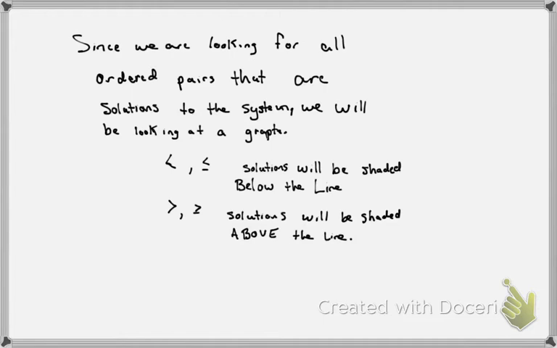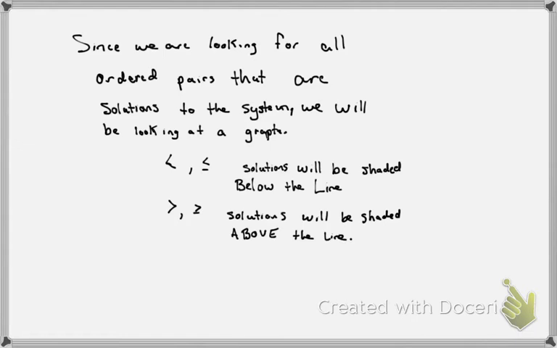The last thing that we're going to be doing is shading different regions, coloring in different regions. These regions will be a visual representation of where the actual solutions are. If we see a less than or equal to symbol, we will be shading below the line, because graphically, smaller y values are going to be beneath it.